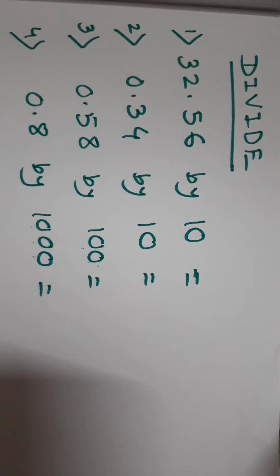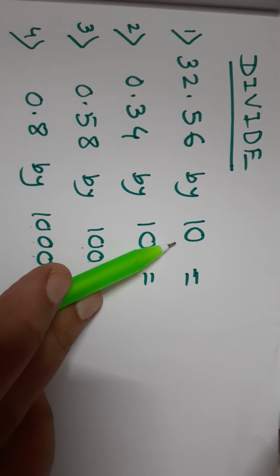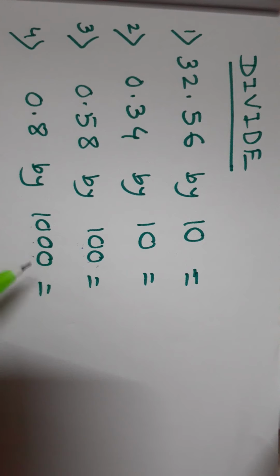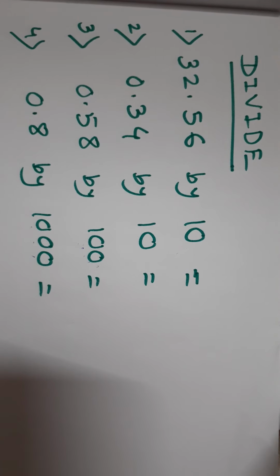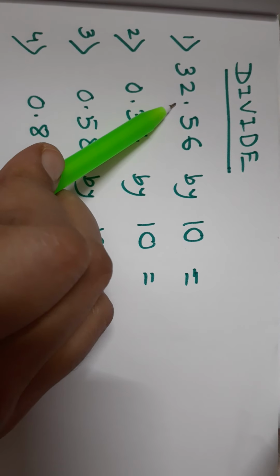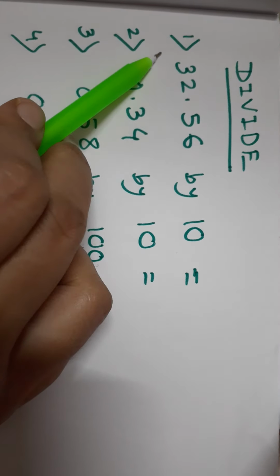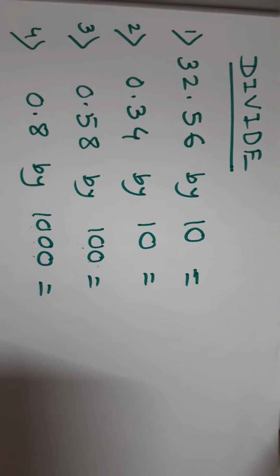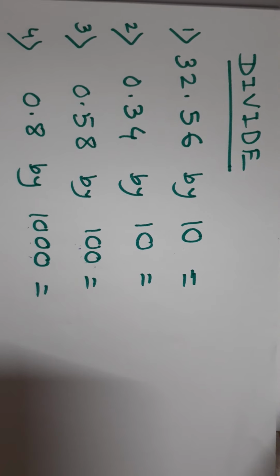Similarly we will do division also, and when the power of 10 is present, there is no need to do any other process. We just shift the decimal point to the left side and we will get the answer. For the first question, it is given 32.56.